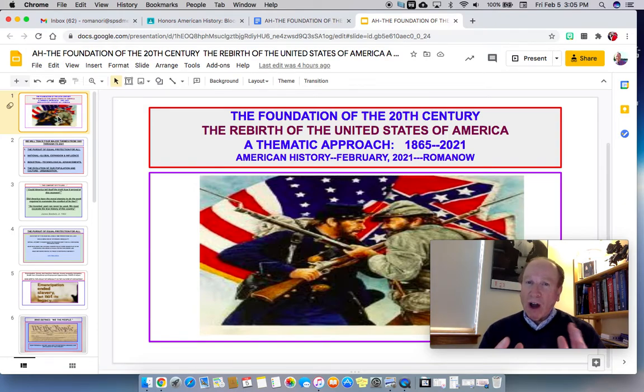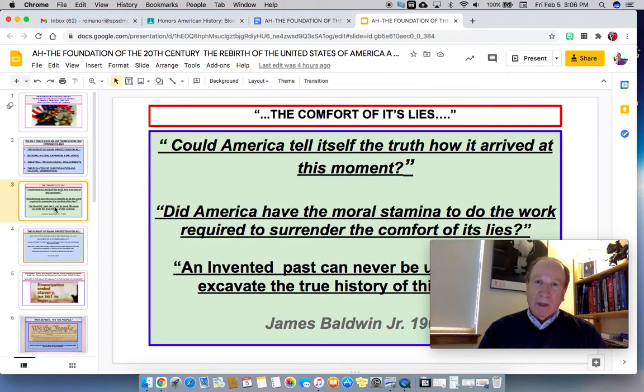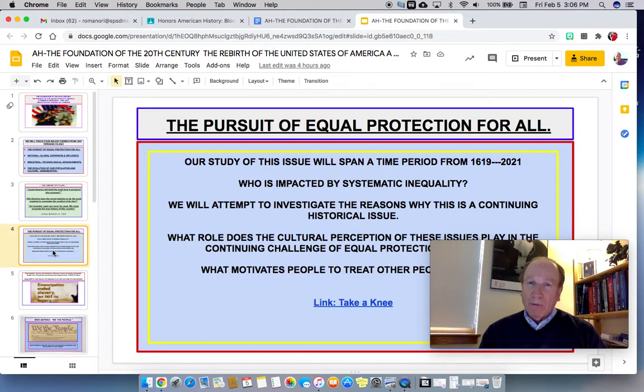There's always a conflict within our country for the equality of protection, the equality of access to a variety of opportunities. Again, we go through those four major themes, more three quotes that we reviewed, and then we do a little deeper dive into the pursuit of equal protection.